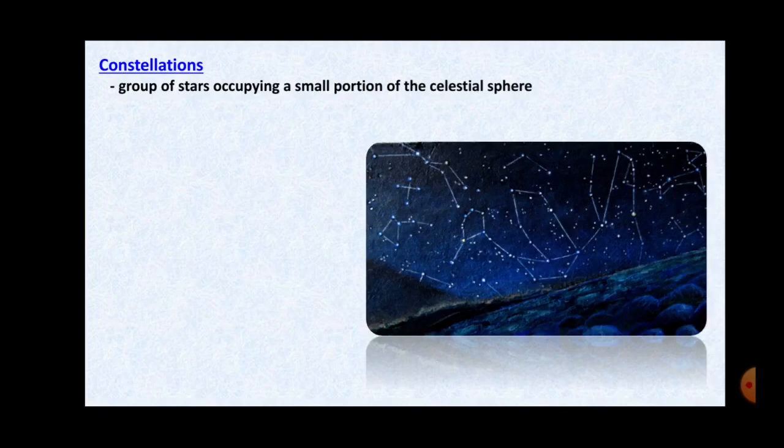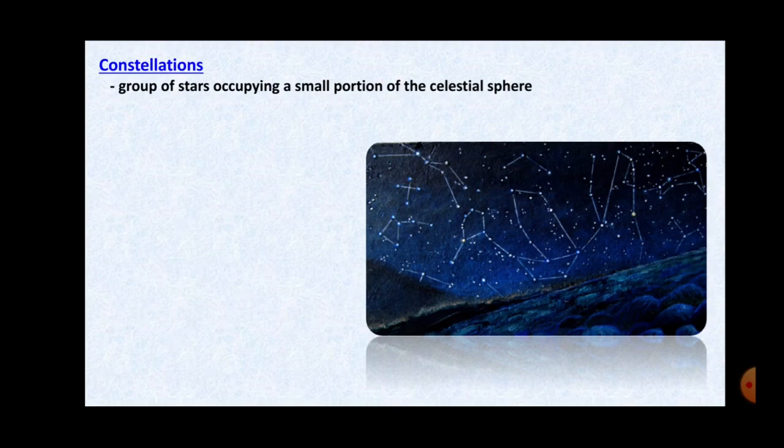To start with the constellations. Students, have you visited Nehru Planetarium? If you have visited Nehru Planetarium, you might have seen that 3D show which they have, in which they show the different constellations, all the constellations in that show. So, what are these constellations? The constellations are group of stars which occupy a small portion of the celestial sphere.